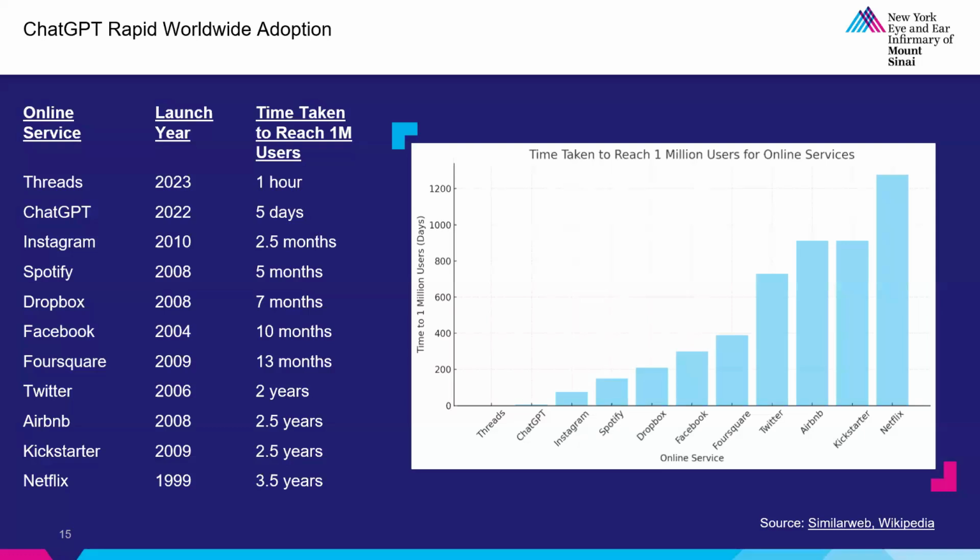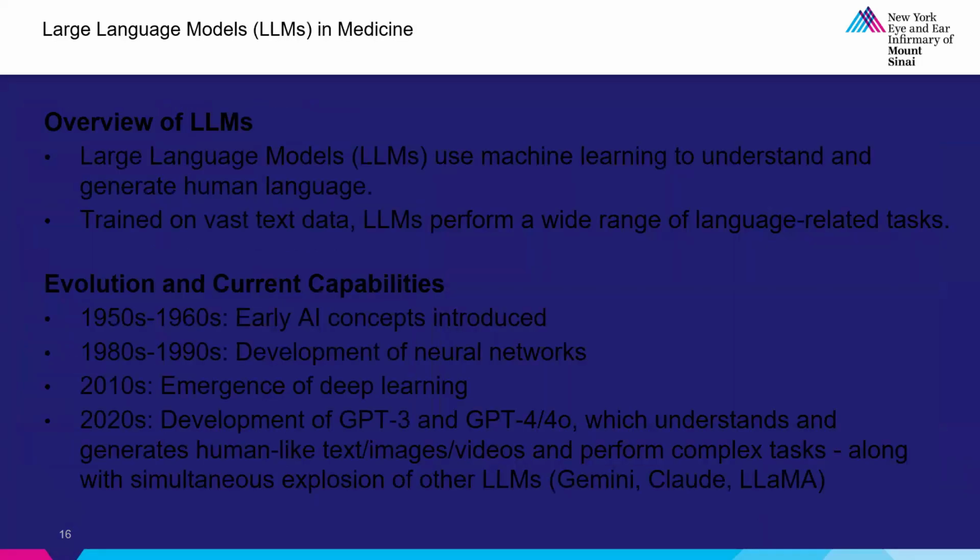Especially with the new GPT-4o model that has just come out, it's only exponentially getting larger from here. GPT-4o is the free model that is also the most sophisticated model that's out there so far.